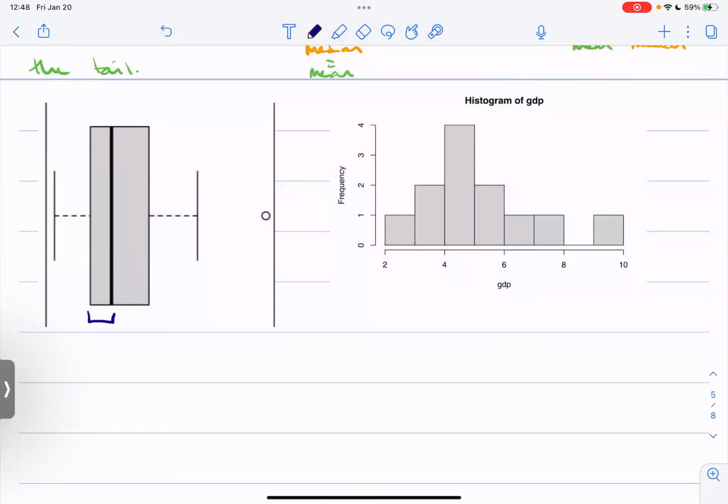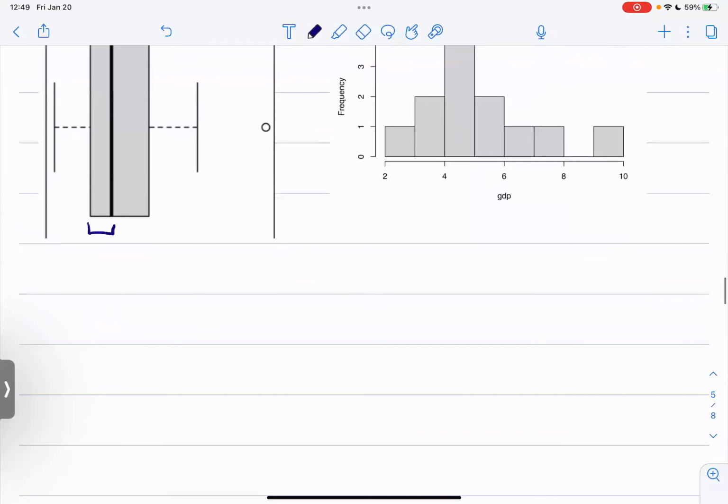That's what we said. Okay, if the distance between the quartiles is small, then that means I have lots of data there, right? They're kind of piled up because you've got a quarter of your data in this distance, right? So a quarter of your data here, a quarter of your data here, a little bit more spread out, quarter of your data here, and then minus the outlier, right?